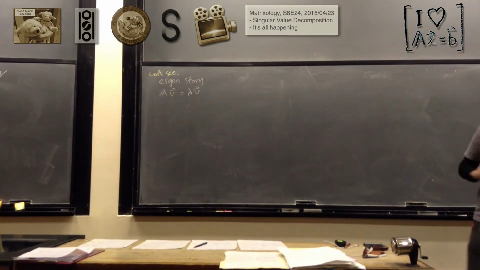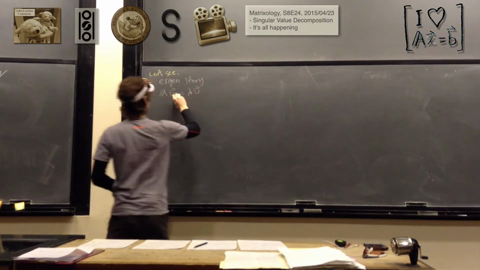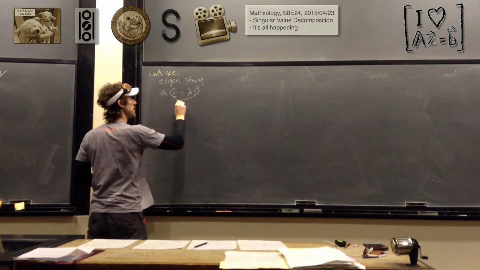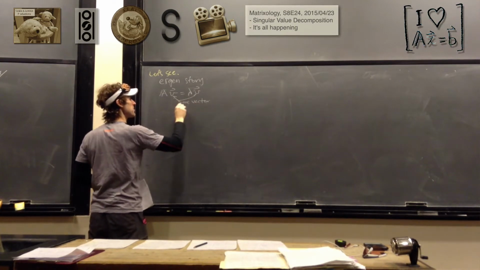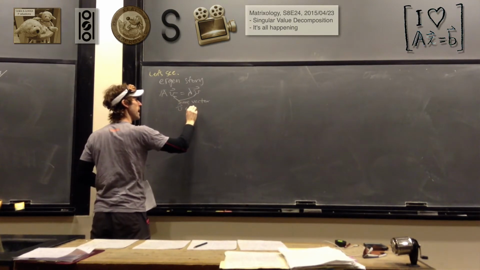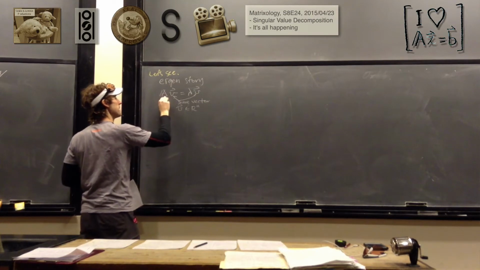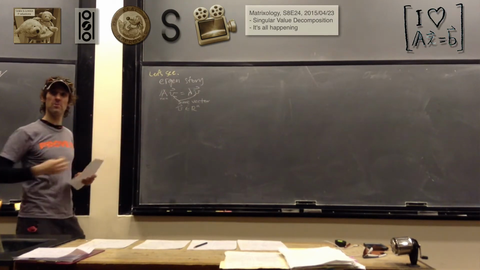So what's going on here? It's simple. We have the same vector here, and V has to be an element of Rn, and A is n by n. So these are the characteristics.